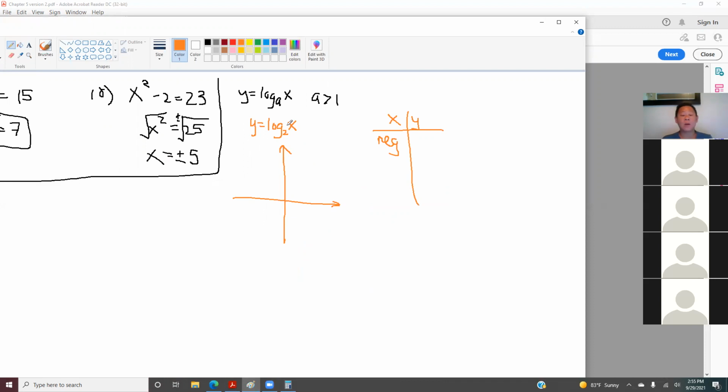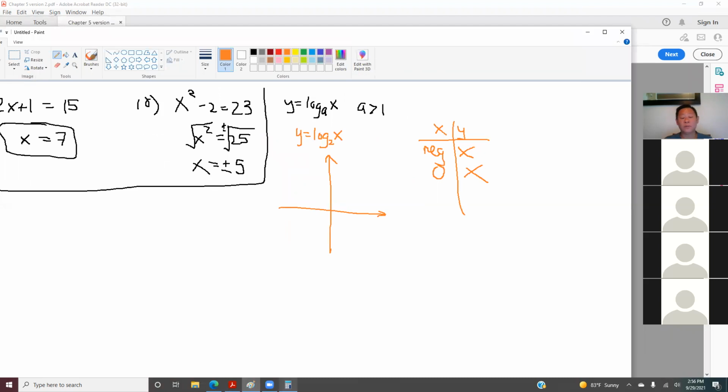The reason why you cannot put a negative number is because your domain is positive. So this will not work. You also cannot put 0 because this will give us an error.